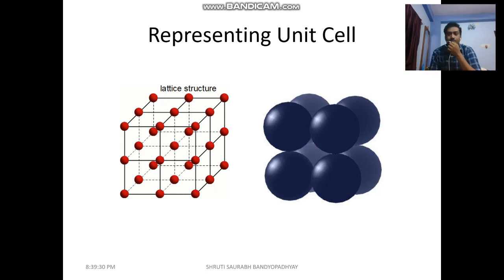So how much volume of the cubic unit cell, or the unit cell in general, is occupied by the spherical particles? This percentage of space occupied by spherical particles is represented by packing efficiency or packing fraction of a unit cell.